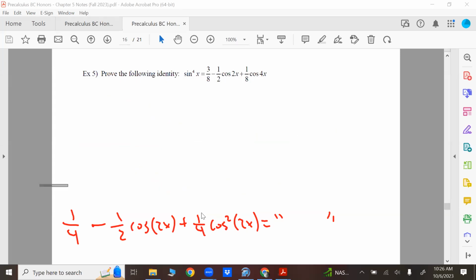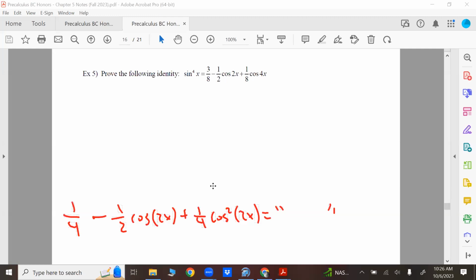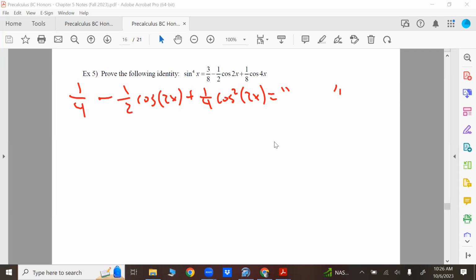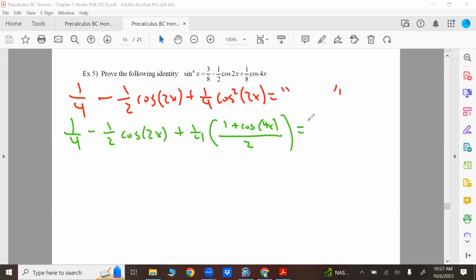So, you guys should keep the 1/4 and they won't have cos 2x the same.